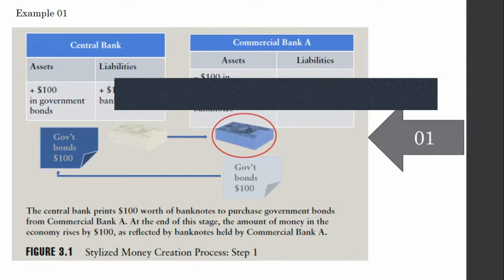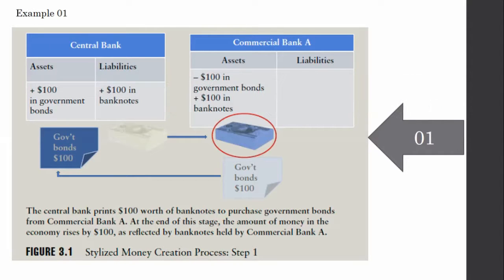Now the central bank has this $100 of newly issued money. Normally, when the central bank wants to inject newly issued money into the system, it will engage in purchasing new assets. These assets can be government bonds, gold, foreign securities, foreign currencies, treasury bills, treasury bonds, anything. Basically, the central bank purchases new assets in order to inject these new banknotes into the system.